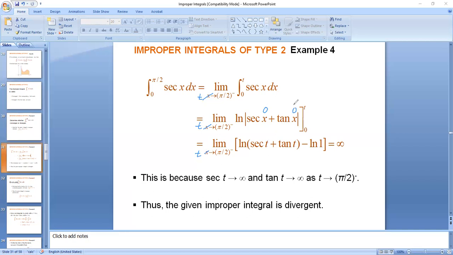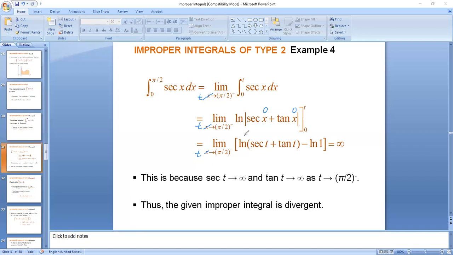What is the tangent of 0? Opposite over the adjacent. It's 0. What's the cosine of 0? That's 1. You can use your calculator. Secant is 1 over cosine.